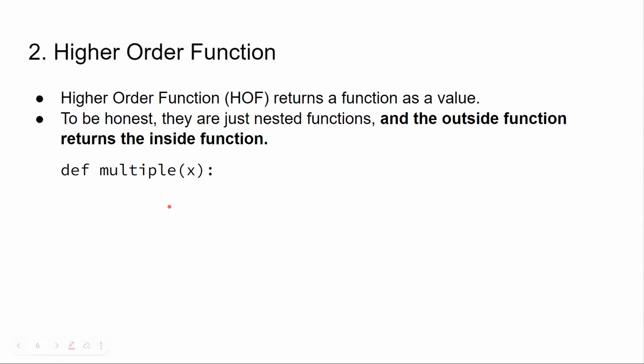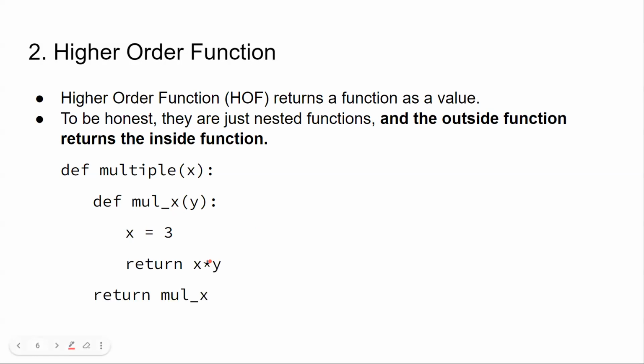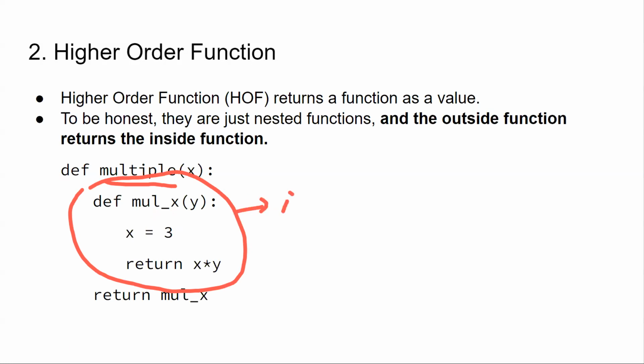We have define multiple. We also have another function called define mul. So this is the function nested. This is the inside function nested in the outside function. So mul(x) is inside and multiple is outside. And we have a function definition, define function and then return something. And at the end, we have return mul(x).